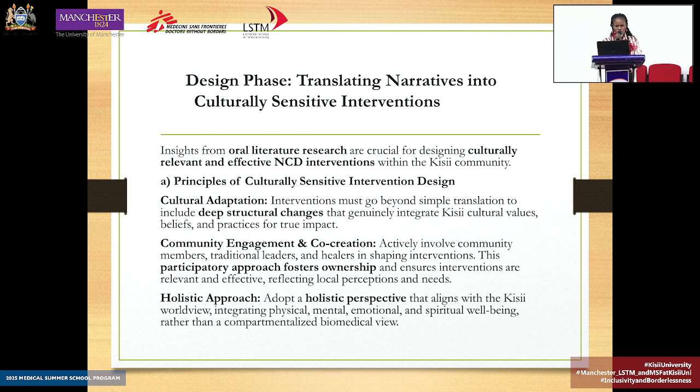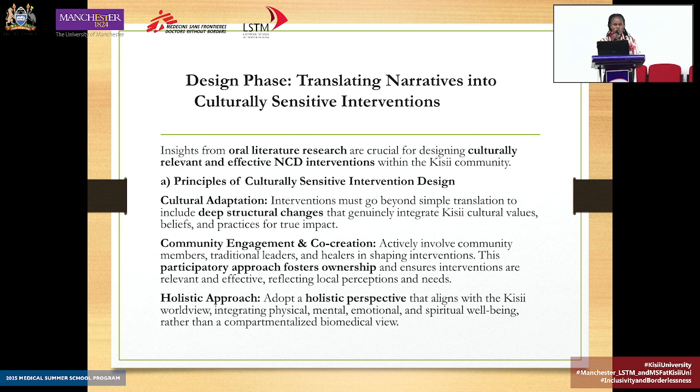One thing that you need to take into consideration is the principles of culturally sensitive intervention design. Okay, you can have this kind of design. If you want to, for instance, you can have what we call interventions that go beyond simple translation to include deep structural changes.